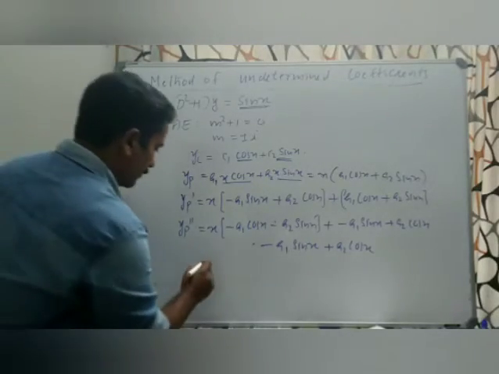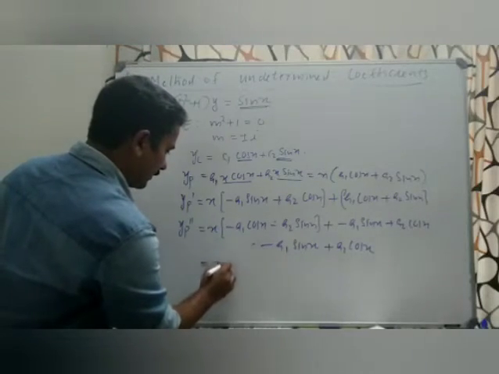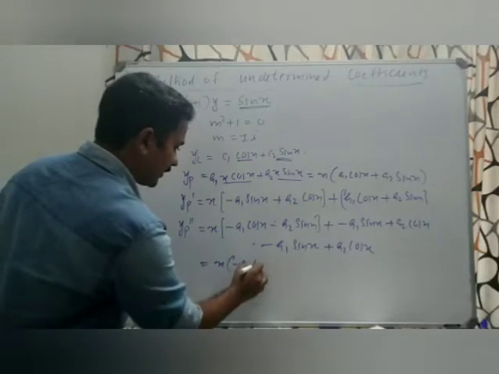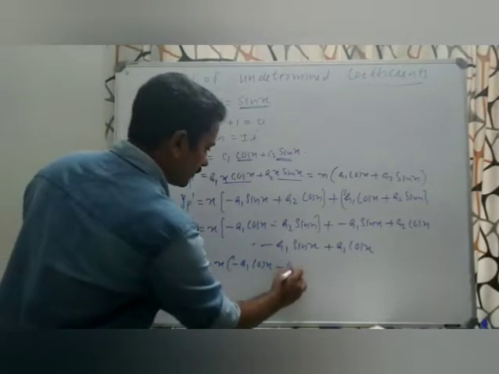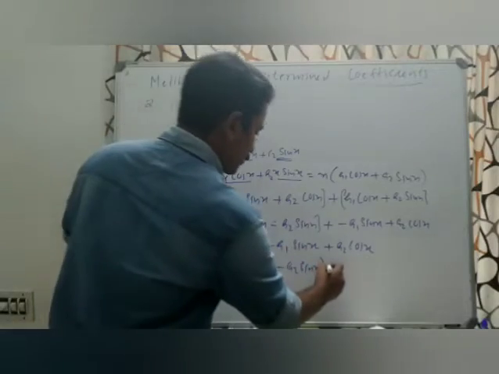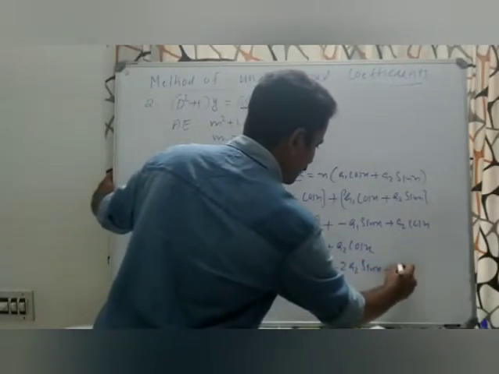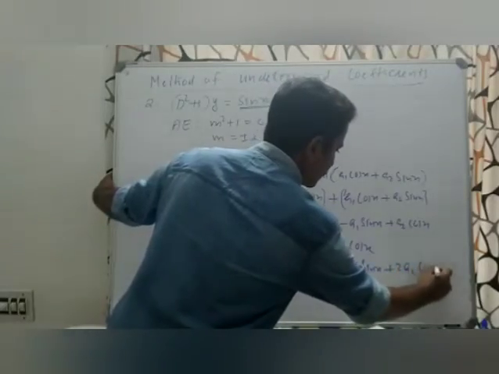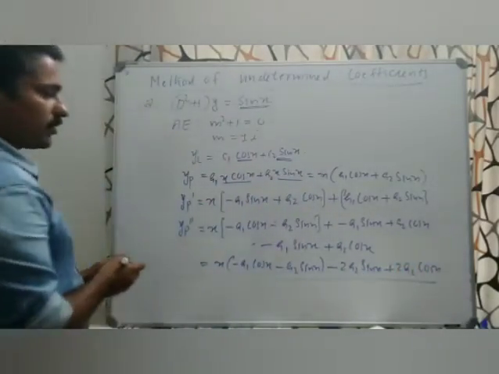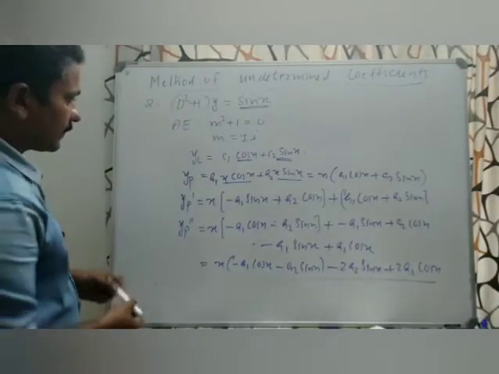Okay, so when you simplify this one, you get x times minus a1 cos x minus a2 sin x, and this is minus 2a1 sin x plus 2a2 cos x. This is the second derivative, and substitute this one in the actual equation.